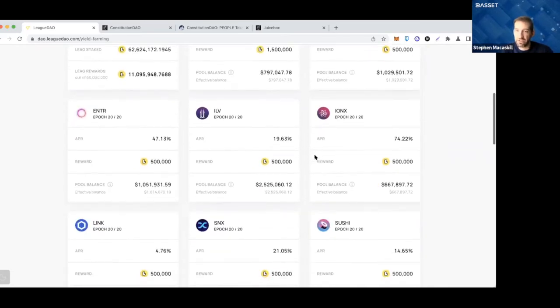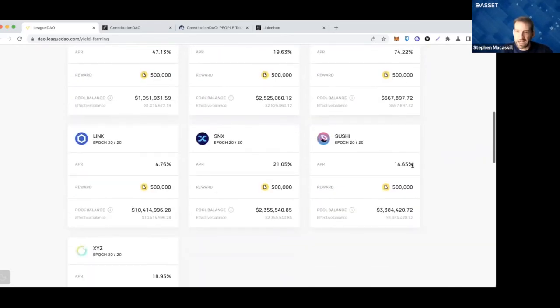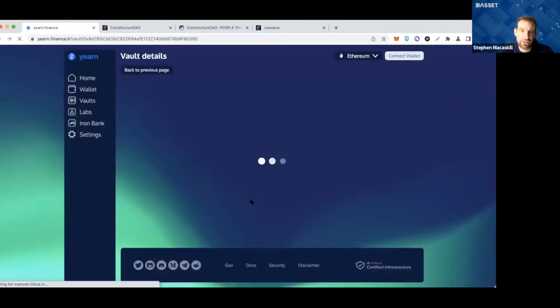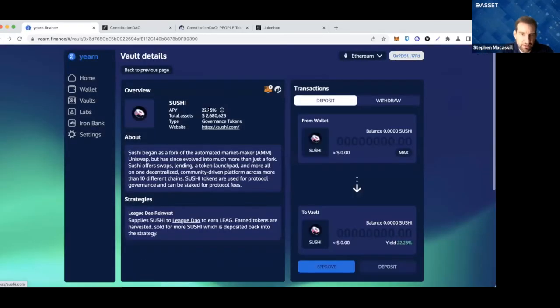So as you can see, they're depositing in here, which is earning 14.65%. So they might be doing something like reinvesting the Sushi tokens to get that additional yield, because here you see it's 22.25%.